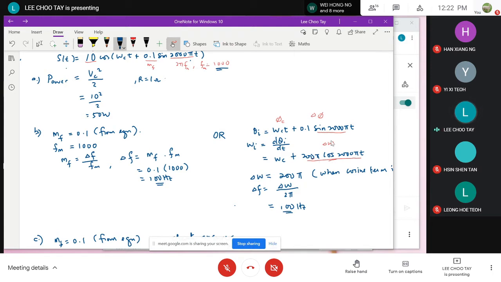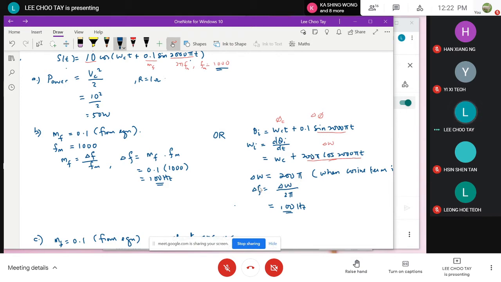So here delta omega is equal to 200 pi cosine 2000 pi t. What is the maximum change here? The maximum change is when the cosine value is 1. When the cosine term is 1, that gives us the maximum deviation. The maximum deviation in delta omega is 200 pi.